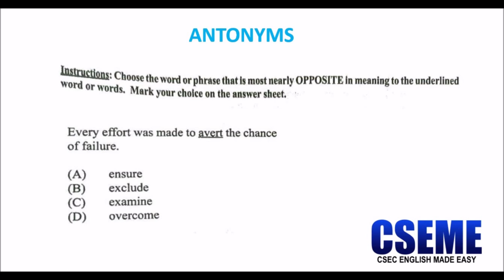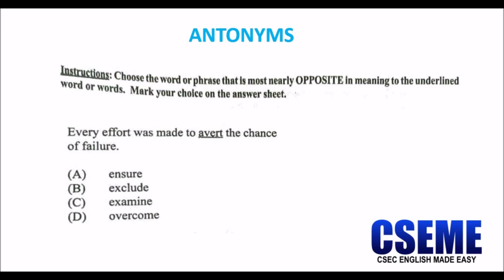Remember, in trying to select the answer, it is very important that you replace it with the word in the sentence and try and read it to see if it fits, if it's most nearly opposite, right? So if we look at exclude, we might say that exclude is most nearly similar to avert. And so that might not be our answer.